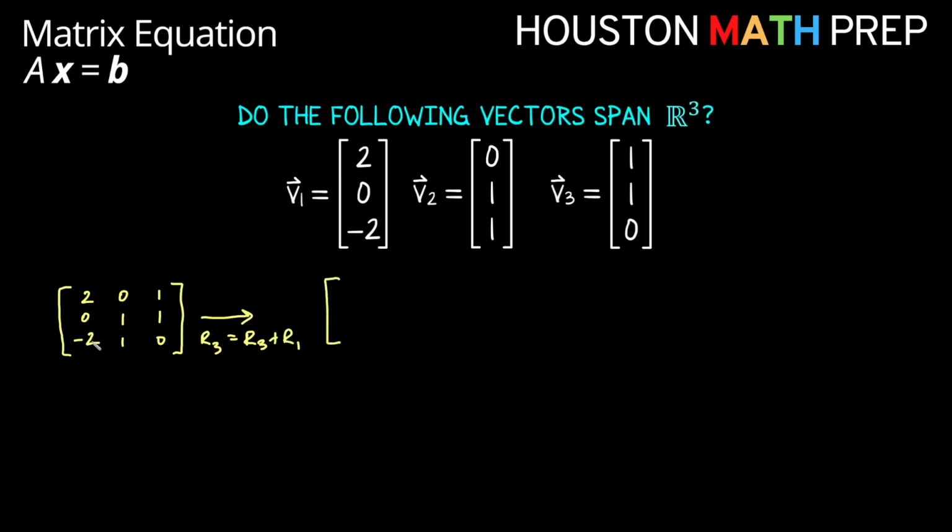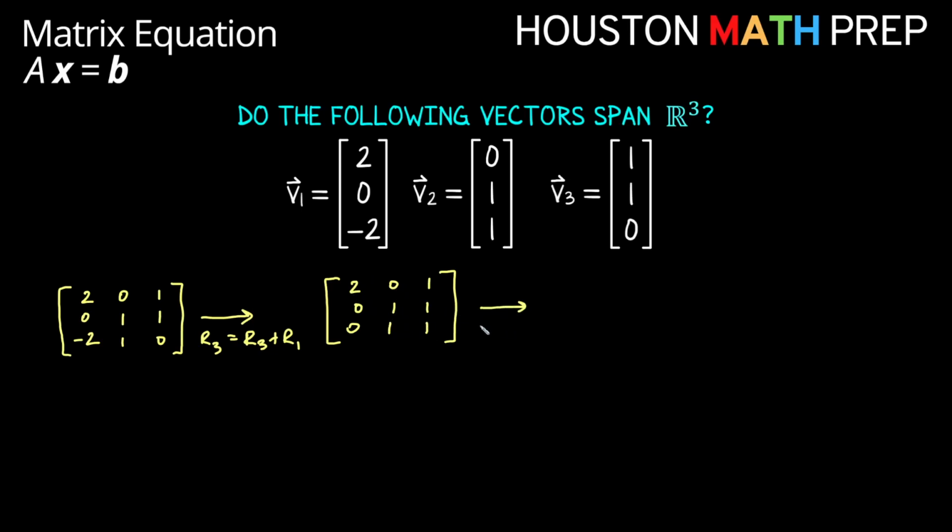So if we do that, the negative 2 plus 2 gives me a 0. The 1 plus the 0 gives me a 1 still. And the 0 plus the 1 up there gives me a 1. And we'll write everything in that we had besides that. So 2, 0, 1, 0, 1, 1. Now we can go ahead and make this top entry a 1 if we want. We don't really need to see what's going on down here, but we could.